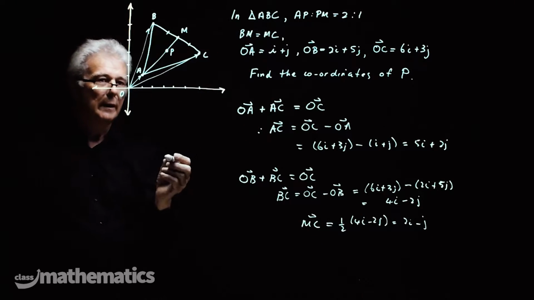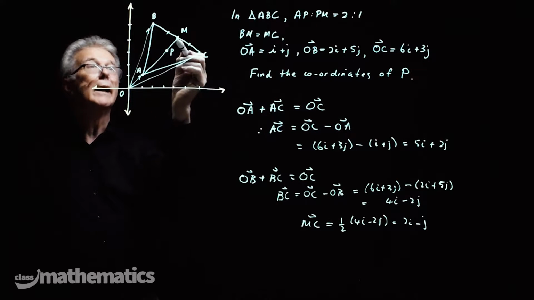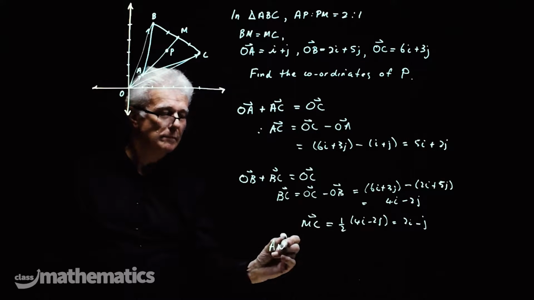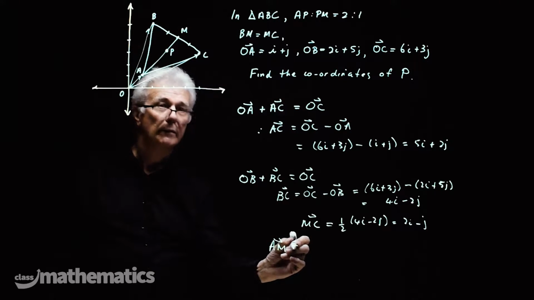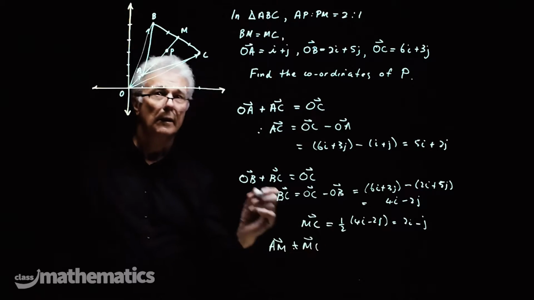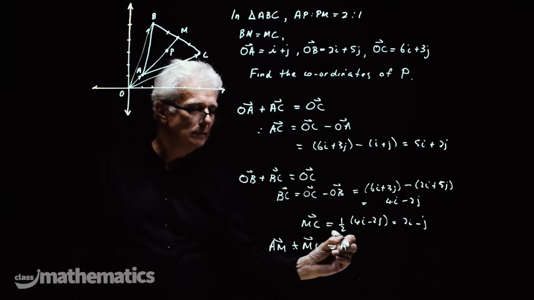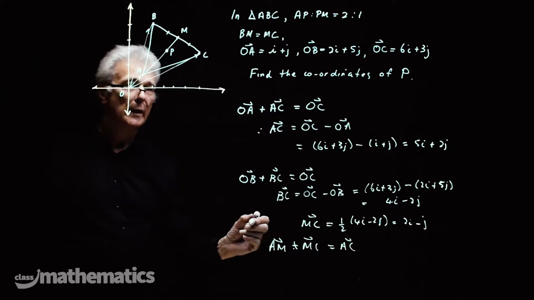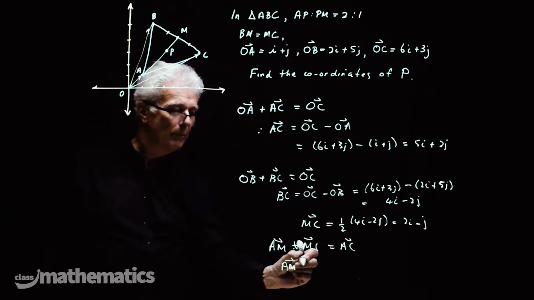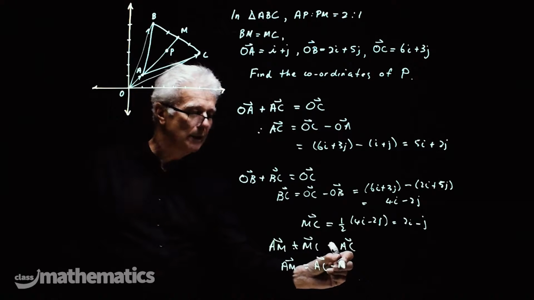Now, in this triangle here then, I need to find out what AM is. So we know that AM plus MC must equal AC. So we know that AM must equal AC minus MC.